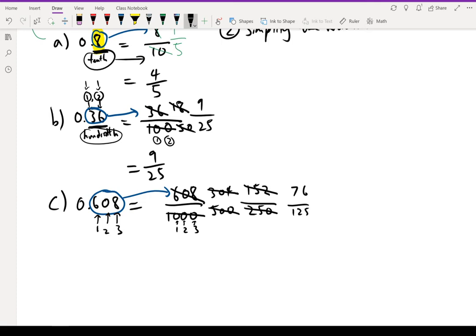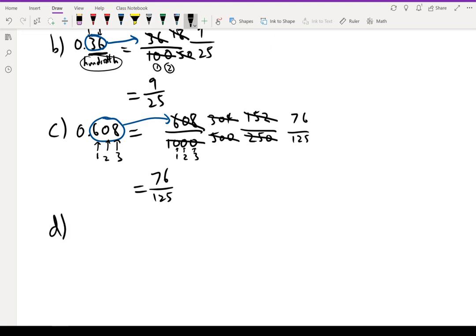And I think that is it. There shouldn't be any more. No, yeah, that's it. So that is our overall fraction, 76 over 125. Okay, that's C.